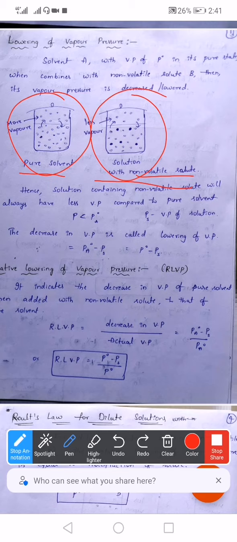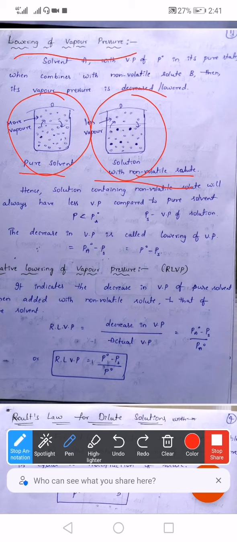Therefore, you will find fewer vapor particles, which only belong to the solvent particles. Hence, definitely the vapor pressure of the solution with non-volatile solute will be less compared to the vapor pressure of pure solvent. Since we are observing a decrease or lowering of vapor pressure by addition of non-volatile solute, it is taken as lowering of vapor pressure.